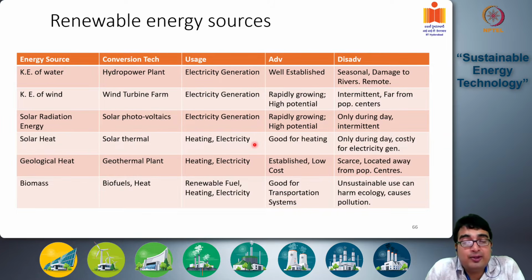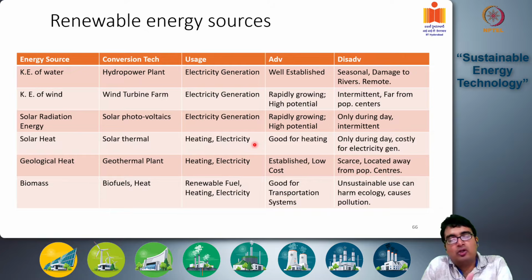Okay, it's a very good source of heating. As we will discuss, many industries require heat, for example, furnaces, boilers, direct heating, hot water systems, etc. And converting renewable energy to electricity and converting electricity to heat is very inefficient.